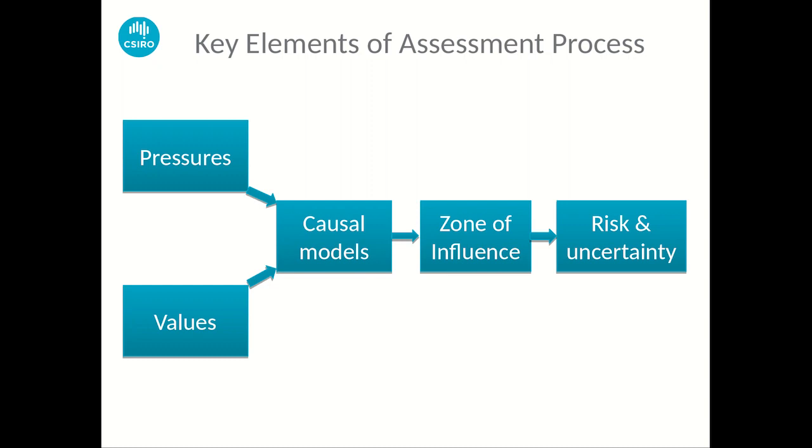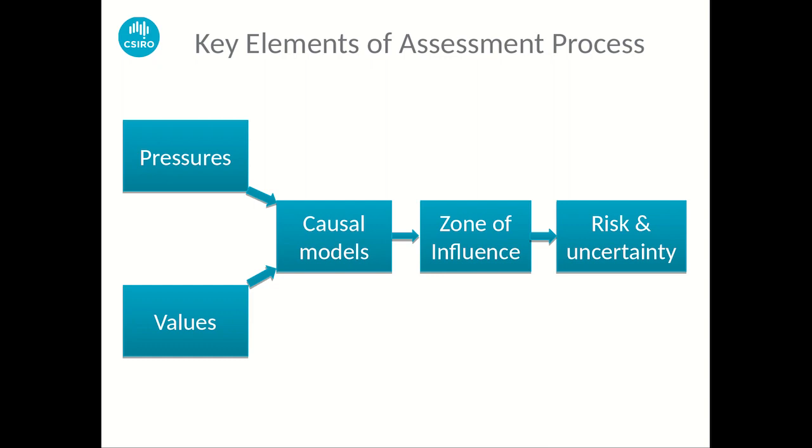And they can be both pressures that are coming from anthropogenic activities, but also pressures coming from natural processes that might change the ecosystem, such as natural variability in climate and other sorts of climate signals, potentially climate change.